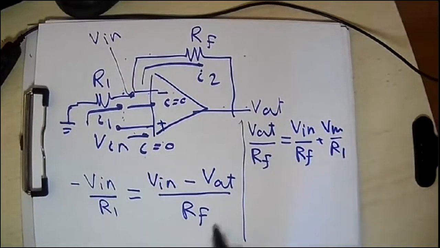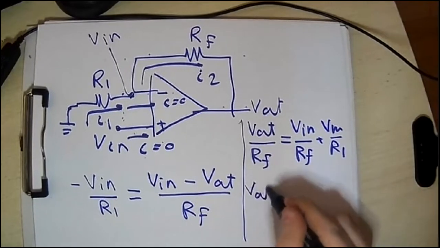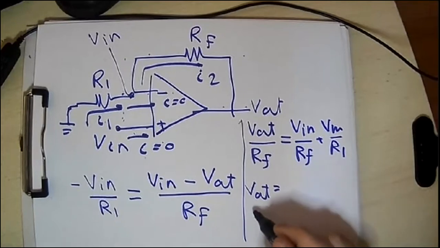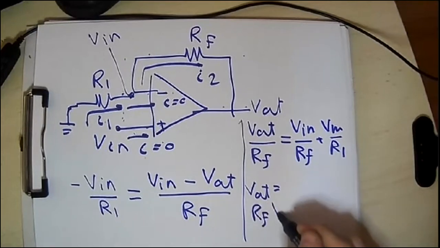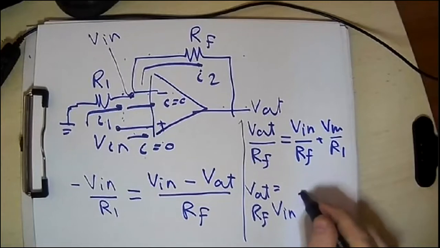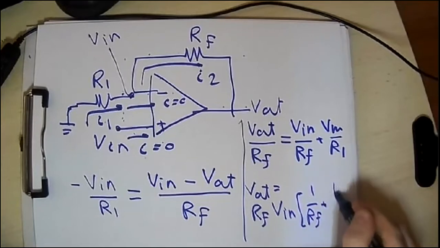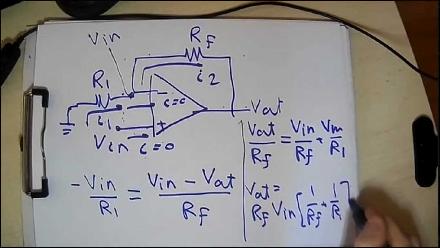I pick it here and I get this. That means that Vout equals RF times Vin times (1 over RF plus 1 over R1).